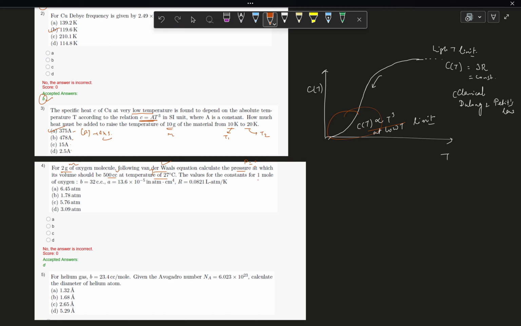The values of the constants for 1 mole of oxygen, the co-volume value B and the other constant, the correction to the pressure term A, are given. This is in centimeter and this is in centimeter cube. So probably you have to use the whole thing in CGS so that there is no conflict in the units. We will prefer to use centimeter cube mostly for all of them, and the R value is also given, which is the universal gas constant value, right?